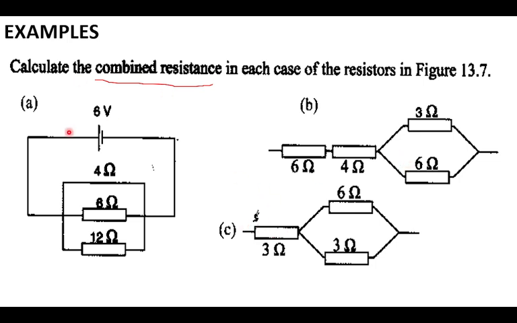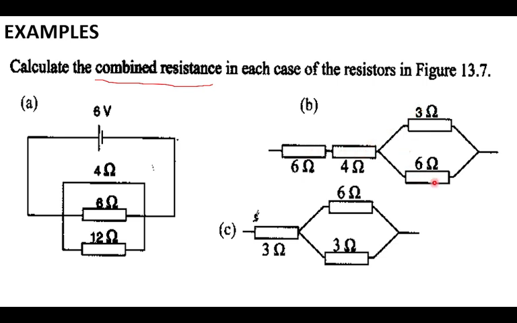When you are handling situations like that, where you have some resistors in parallel and others in series, you start by dealing with the resistors that are in parallel. Treat them using the product over sum formula, because there are just two of them. What you get there, you simply add algebraically to the resistors that are in series.